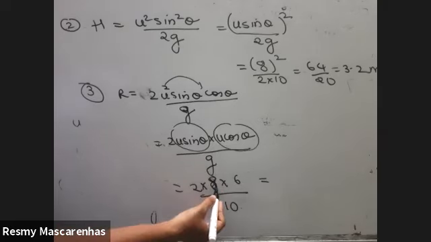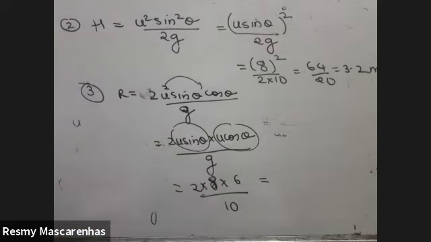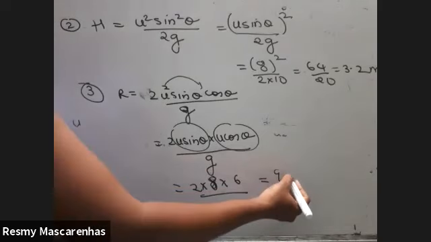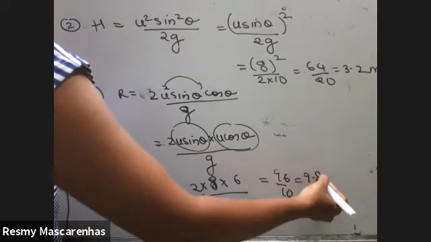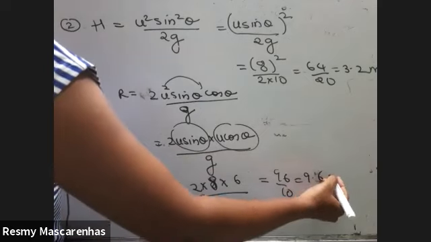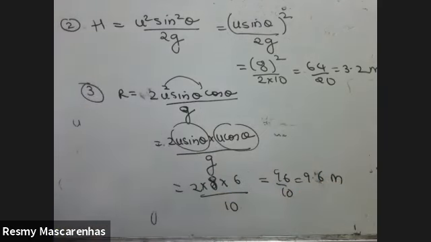So this will be 48 into 2, and then divide by 10. That will be 9.6 meters. Range is also in terms of meters.